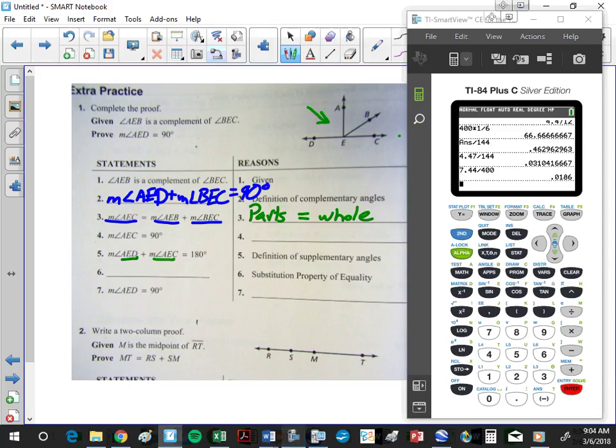Okay? So, what are we going to put for 6? So, I already know that this one is 90. Right? So, 90 degrees, no wait, the other one. Yeah, sorry. I've already shown that this one is 90. So the measure of angle AED plus 90 degrees is equal to 180 degrees.